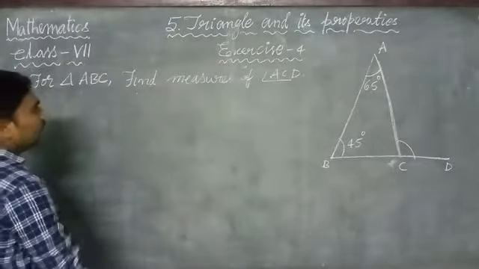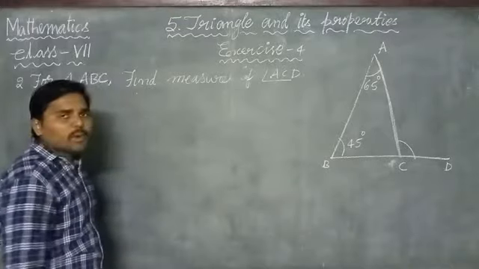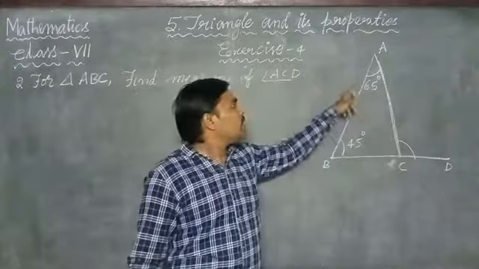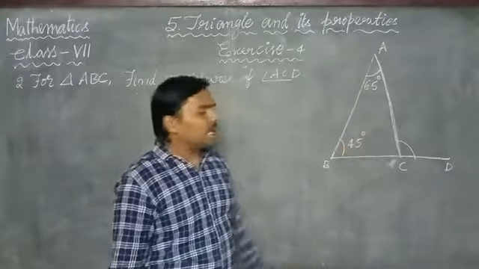Okay, now according to the exterior angle property of a triangle, the exterior angle is equal to the sum of the interior opposite angles.